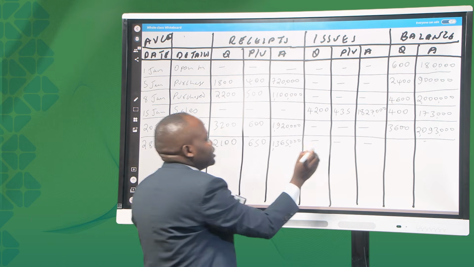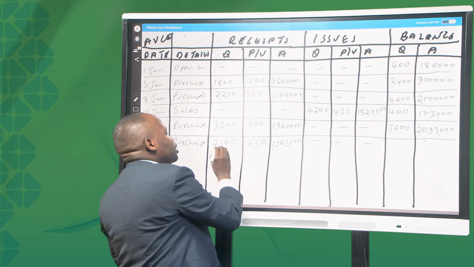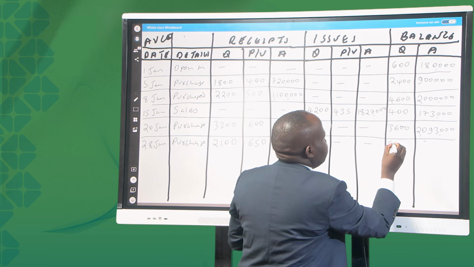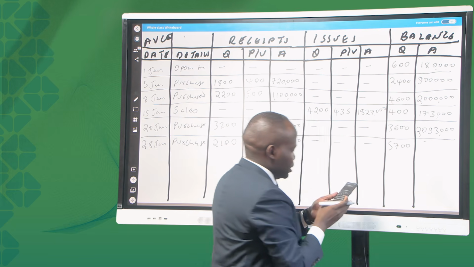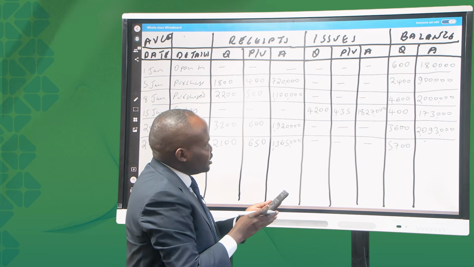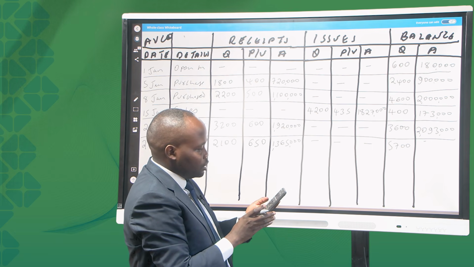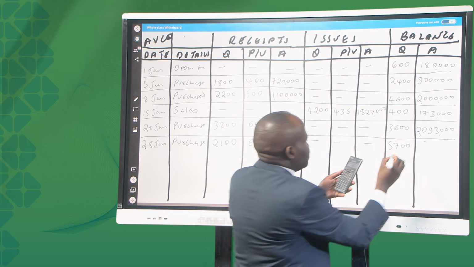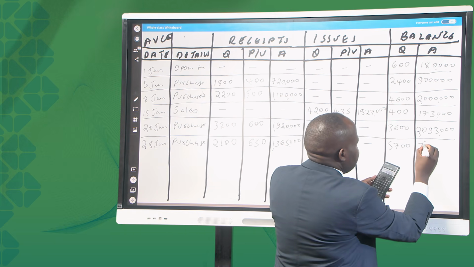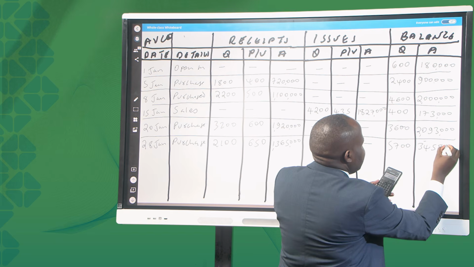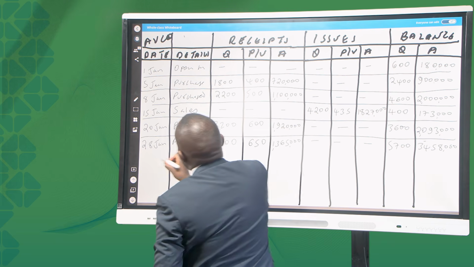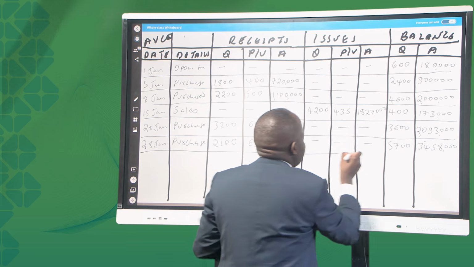We increase it. 3,600 plus 2,100 is 5,700. And 1,365,000 plus 2,093,000 gives us 3,458,000. So that is the total on 28th.